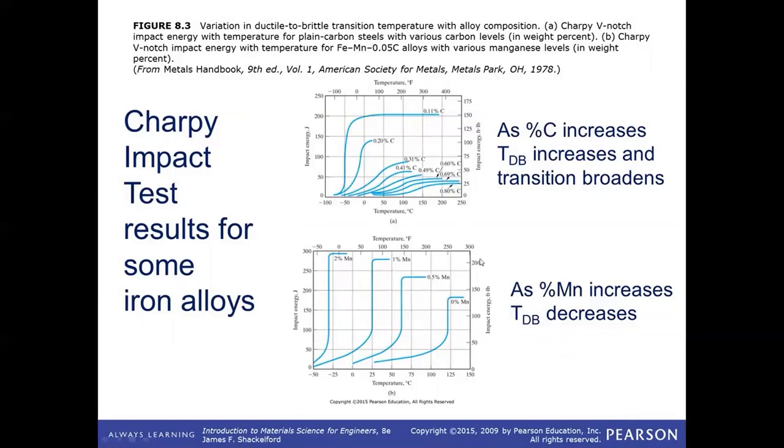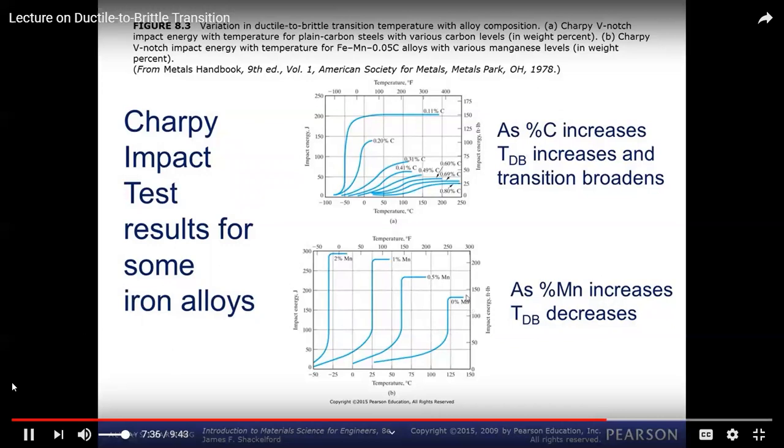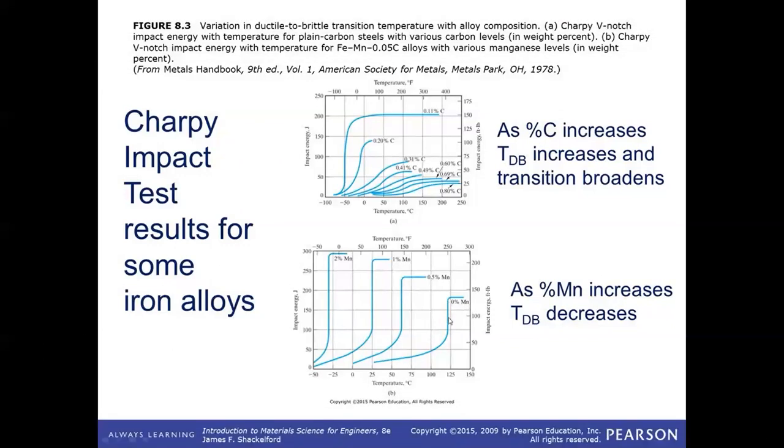Other alloying elements have a different effect. The bottom chart shows how the ductile to brittle transition changes with increasing amounts of manganese. Here in this iron carbon manganese alloy with 0% manganese, the ductile to brittle transition temperature is around, say, 120 degrees C. And as the amount of manganese increases, the ductile to brittle transition temperature decreases.